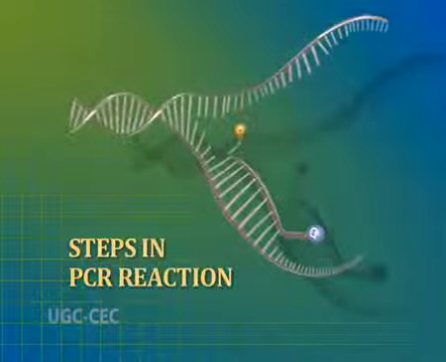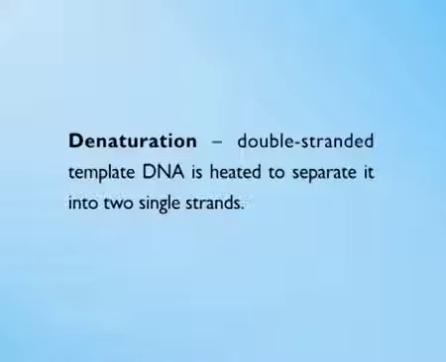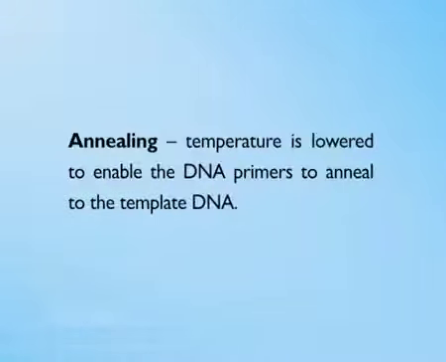Let us talk about steps in PCR reaction. In the first step, known as denaturation, double-stranded template DNA is heated to separate it into two single strands. In the second step, called annealing, temperature is lowered to enable the DNA primers to anneal to the template DNA.